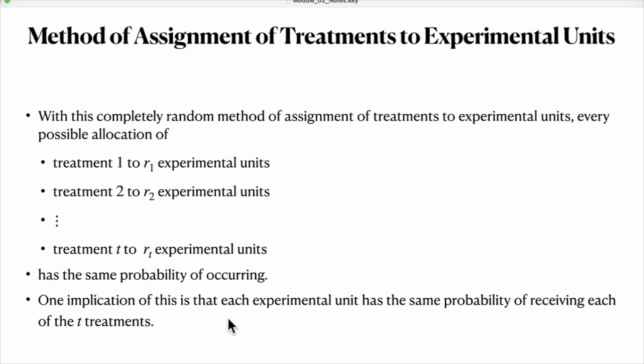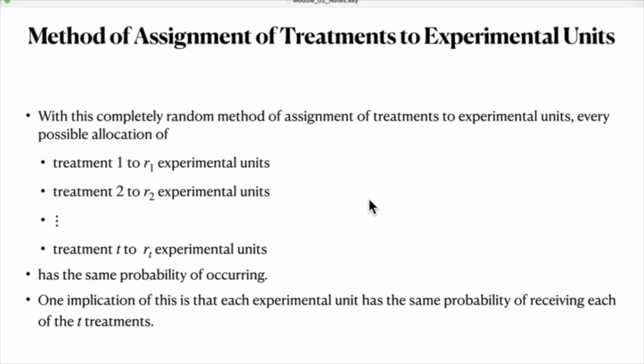And some resources that you will look at actually list this last bullet point as the defining feature, the defining characteristic of a completely randomized design. But that's actually not quite correct, because it's possible for the second bullet point to be true, but the first, this defining characteristic up here, to not be true.